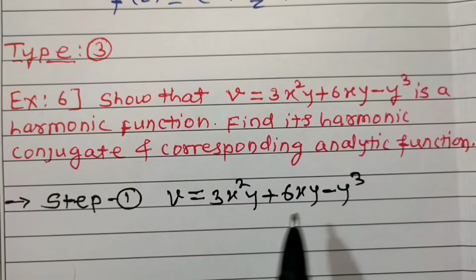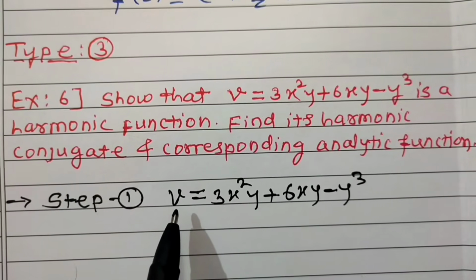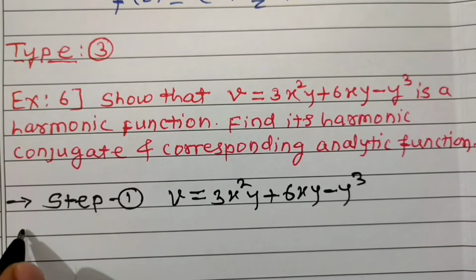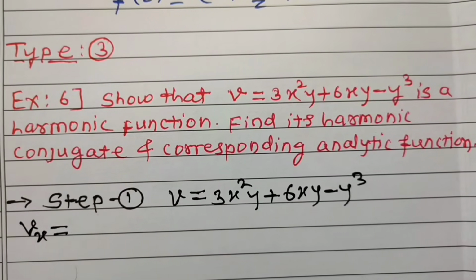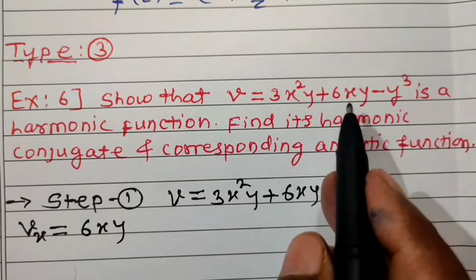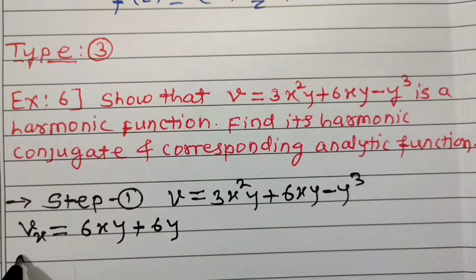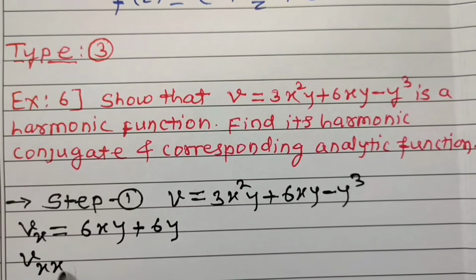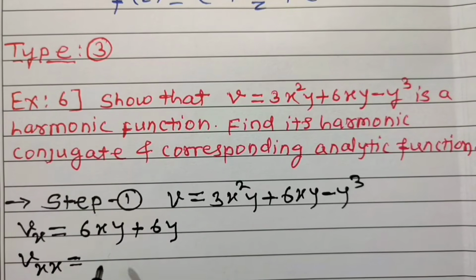Find the second order partial derivative of v with respect to x and with respect to y. Hence, the partial derivative of v with respect to x, considering y as constant, is 6xy plus 6y, and the derivative of y cube is 0. Again differentiate this: vxx is equal to, derivative of x is 1, 6y.